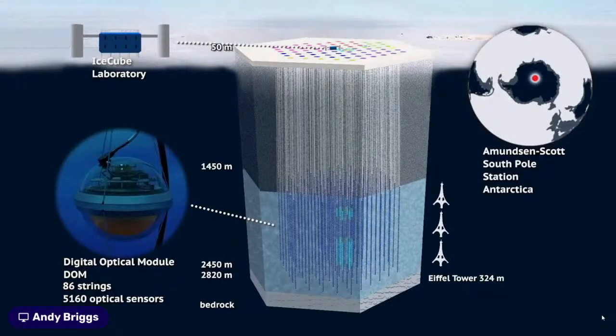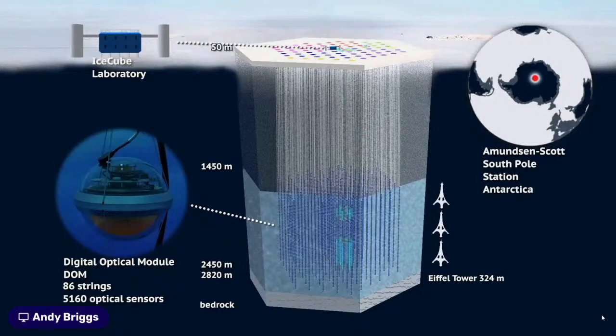But occasionally they do. And this immense detector, the IceCube laboratory at the South Pole, which was built over quite a few years, because as you can imagine, drilling all those holes that far down in the ice, 2,820 meters down in the ice, and lowering all those 5,000 odd detectors was a huge job.